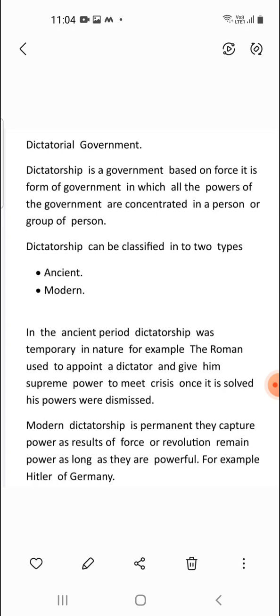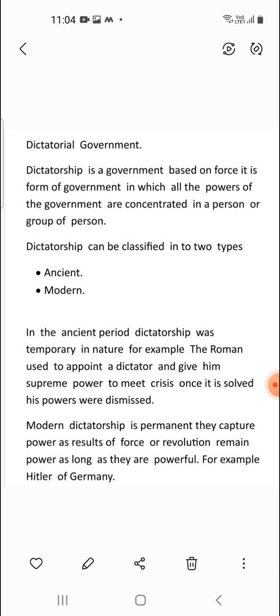For example, Rome is the best example of temporary dictatorship. Next, modern dictatorship became permanent, and there was always a fight for the capture of power. The person used to stay in power for a longer period. For example, Hitler of Germany.